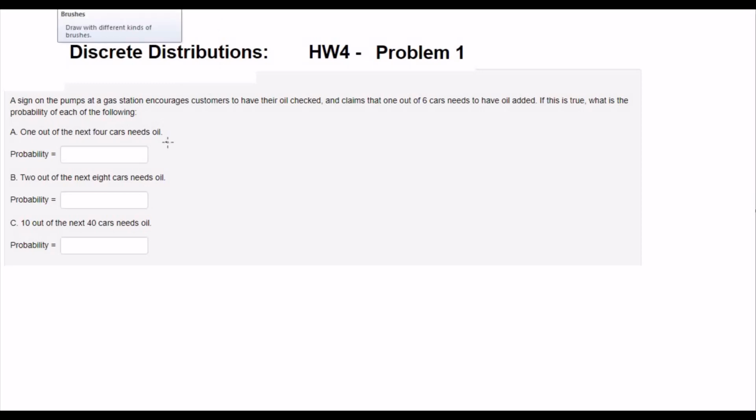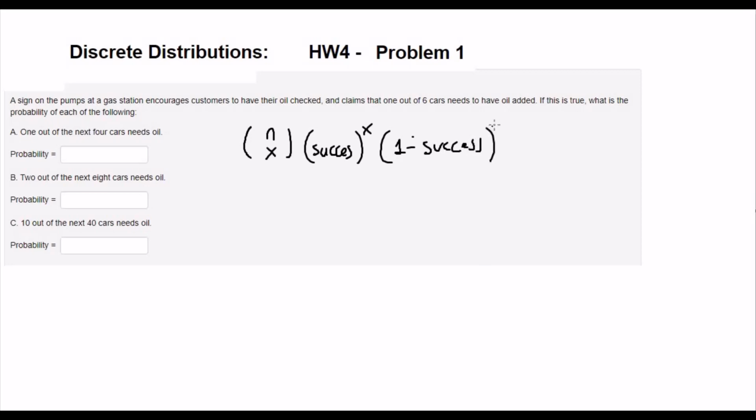So this is binomial distribution. First, let's review the binomial distribution formula. Binomial distribution is n choose x times the probability of success, so let's call it p, to the x, times 1 minus p to the n minus x.